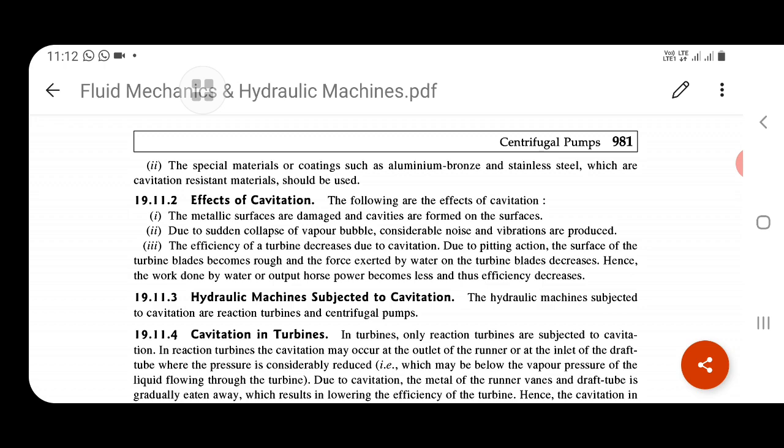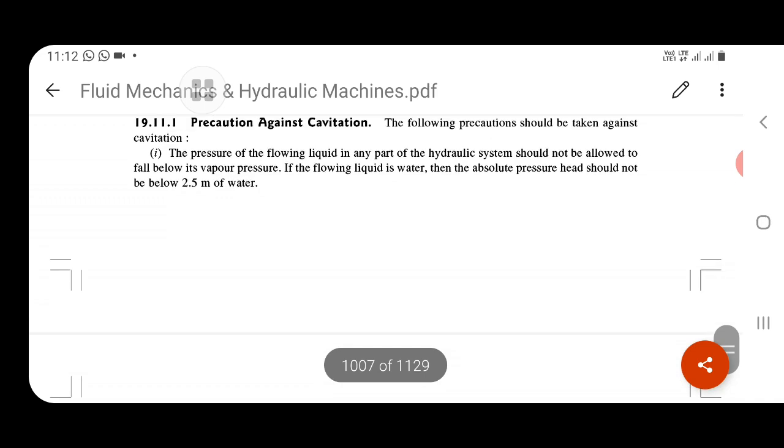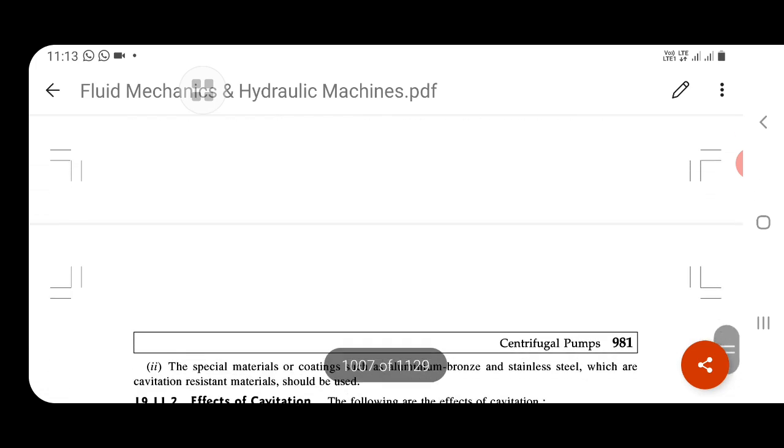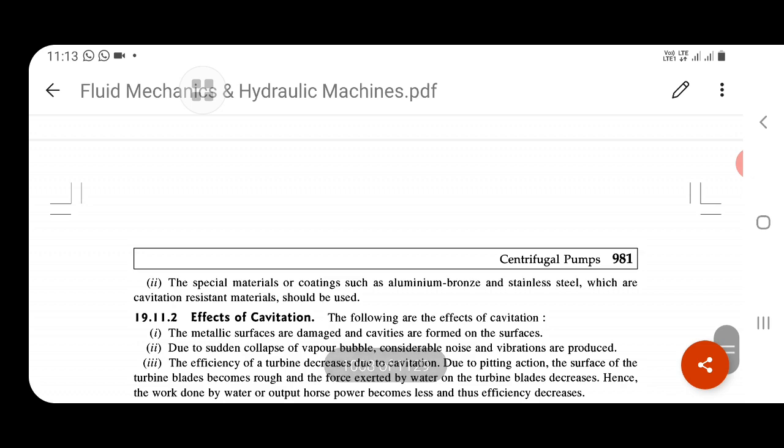The turbine efficiency decreases due to pitting action, and the blades become rough. How to minimize it: special coating material is used for pipes, which resists cavitation.